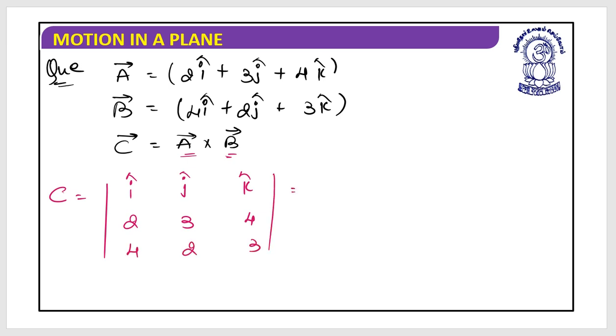Now you just need to multiply it. But how? For i, you need to forget this row and this column, and now do a cross multiplication of the rest.